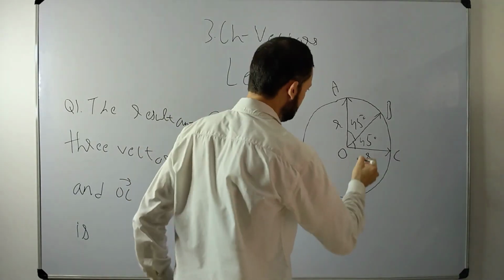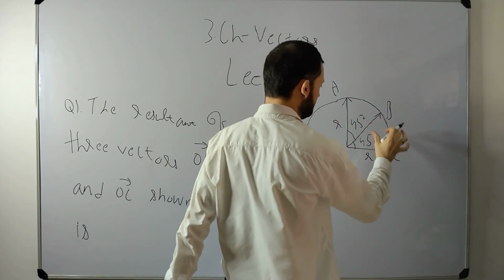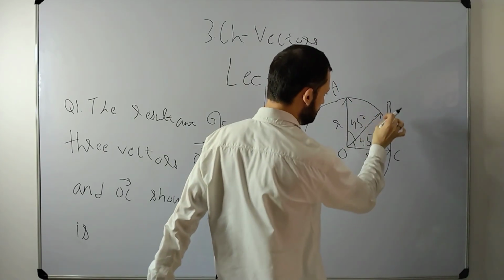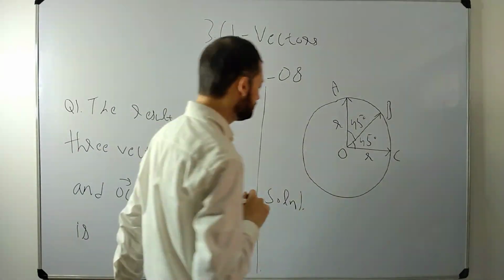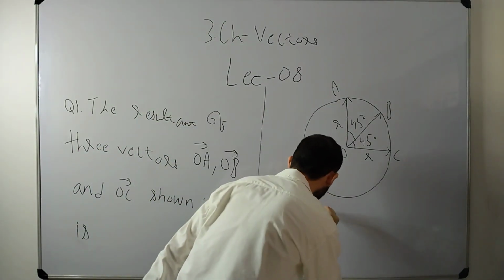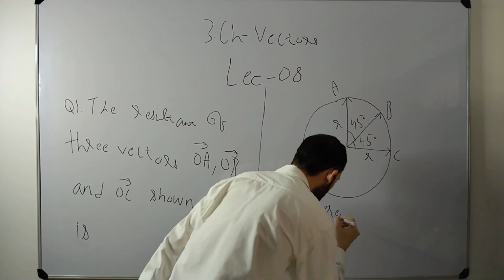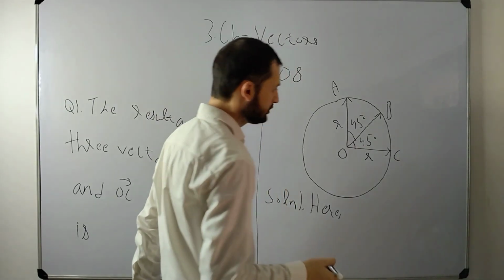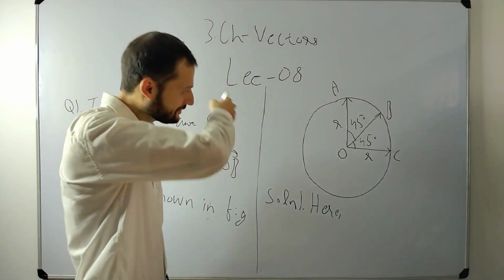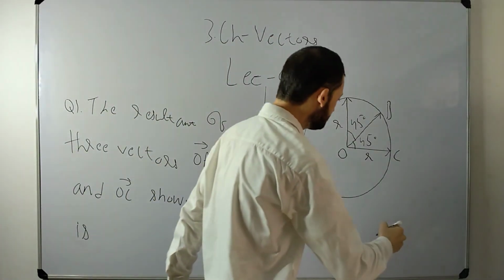What do we need to find? The magnitude of the resultant of OA, OB, OC. Okay, students, this is what we need to find. We can use the Pythagoras theorem. You would say, sir, how does the Pythagoras theorem come into play? See this figure, students.